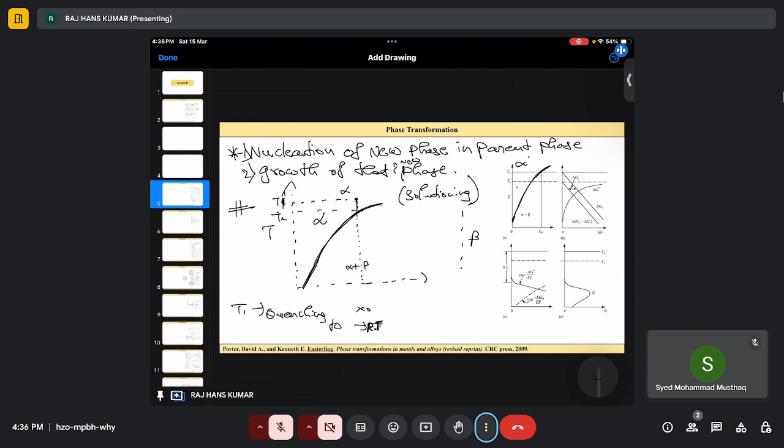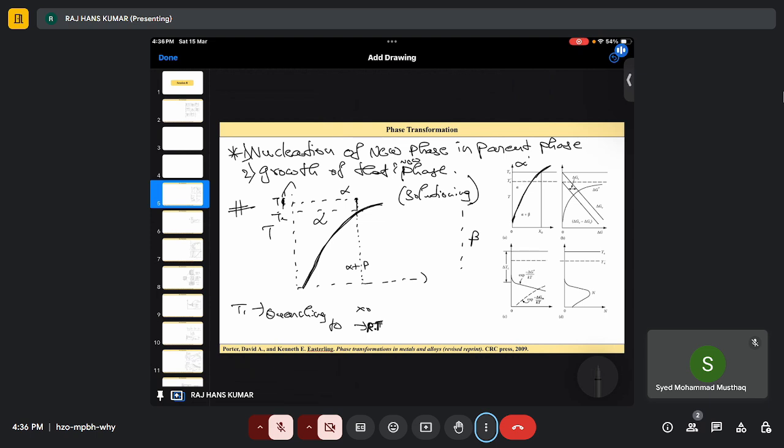We quench it to retain the high temperature phase, because room temperature has a different type of phase. We are trying to avoid the motion of atoms. That is what we call quenching. At room temperature, the diffusion of atoms is very low, so there will be no formation of a different phase, right?